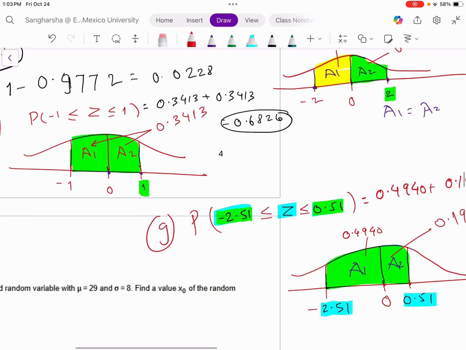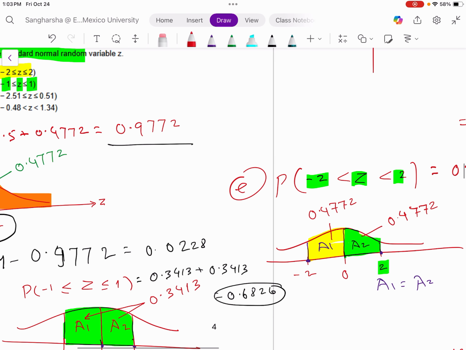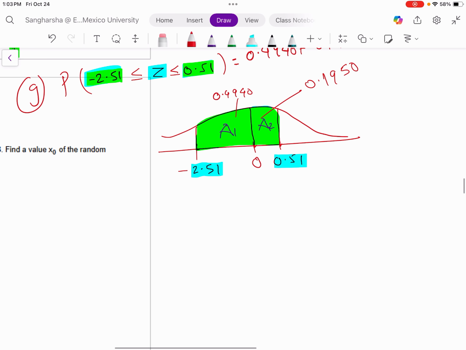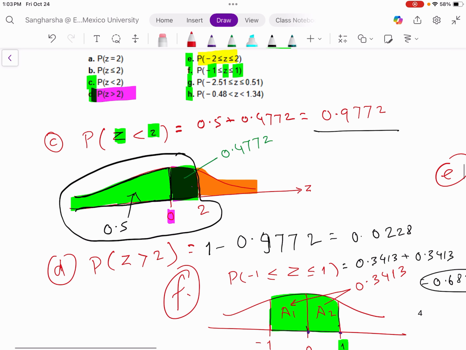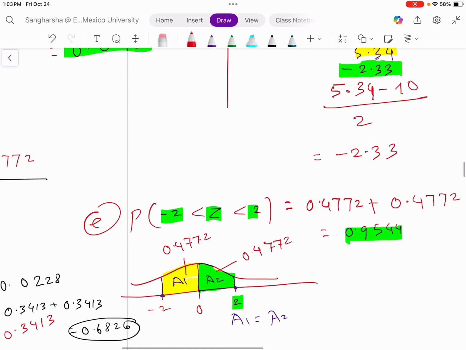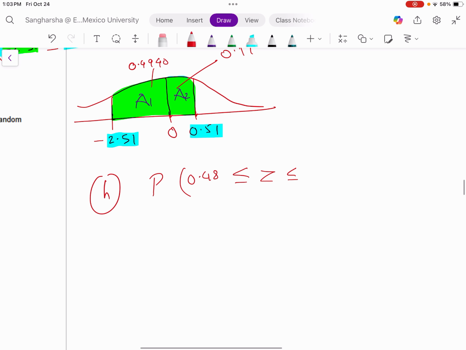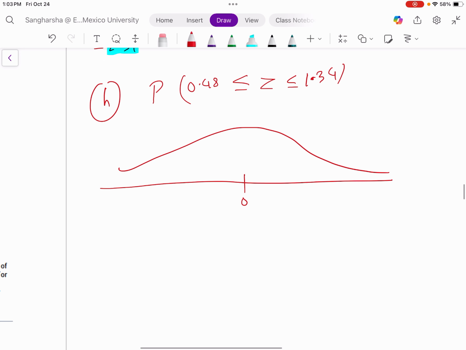Okay, the next one we have is part H. It's very similar. We want to find the probability that our G is between -0.48 and 1.34. So you draw a bell-shaped curve, locate your mean 0, and locate these two numbers.